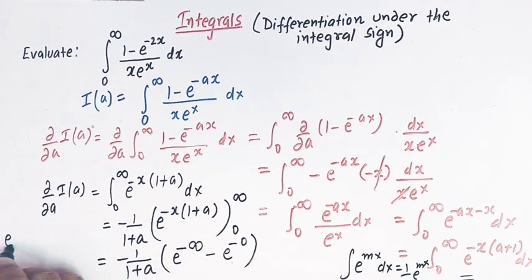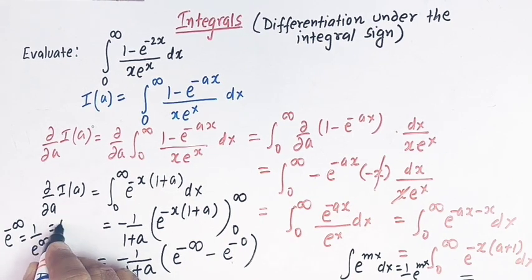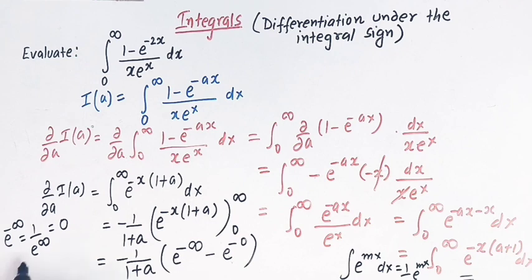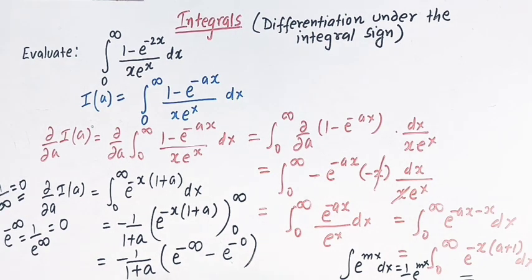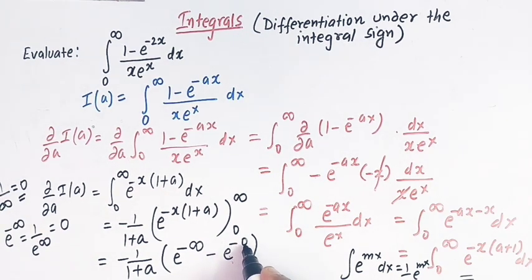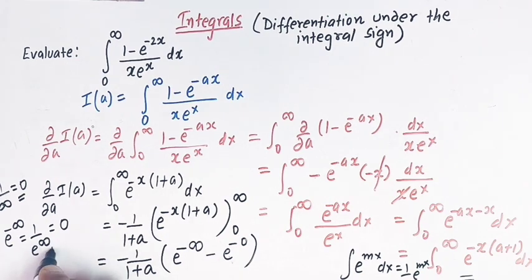And we know that e^(-infinity) is 1 over e^(infinity), which is 1 over a very large number, so the value is 0, because e^(infinity) is infinity, so 1 over infinity is 0. And e^0 is 1.